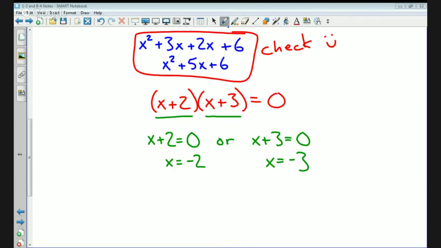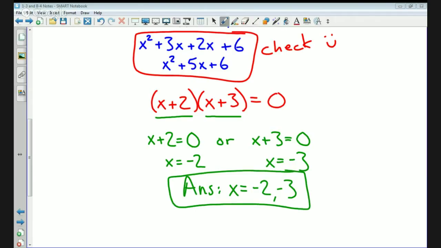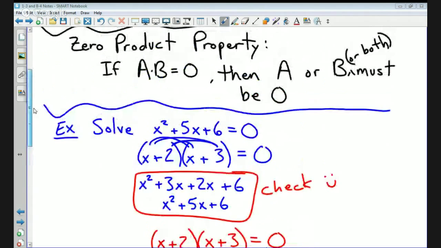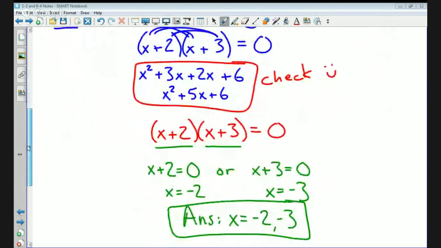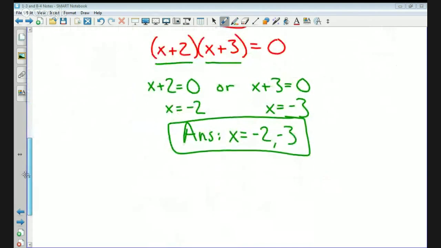So the answers in this case would be x equals -2, -3. And that's what they will call solve by factoring. So you factor it and then use that zero product property in order to get to your answers.